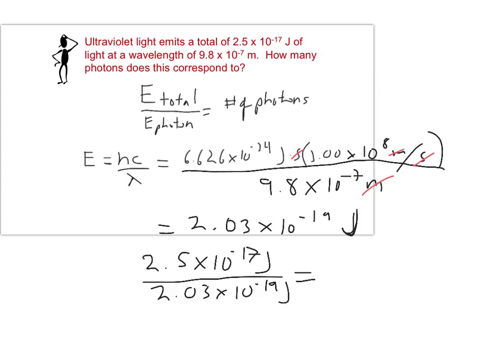Now, not super large, but 123 photons. So this problem is a little bit different in that you have some total energy in an emission of light, a burst of light, some larger number, and then you divide that by the individual photons' energies to figure out the number of photons.